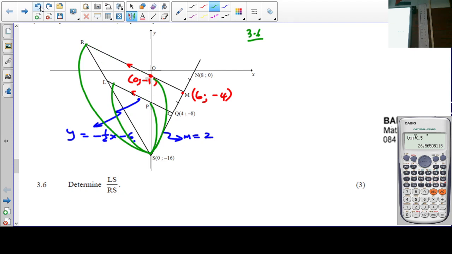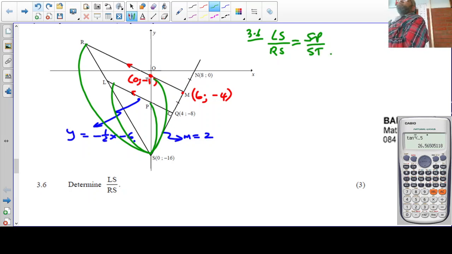So I say that LS over RS is equal to SP over ST. Now I don't need the reason here. Why? Because it's not analytical, it's not Euclidean geometry. Unless the question specifies, you must state the reason. As you can see, the question was not specified, so we do not have to state the reason.